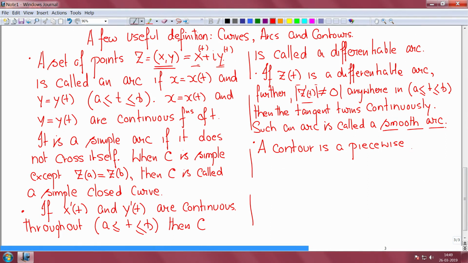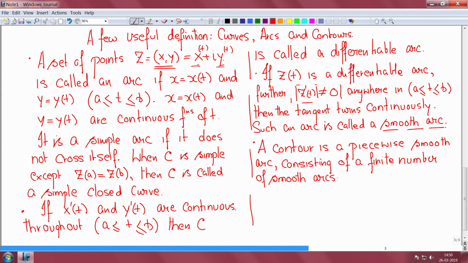A contour is a piecewise smooth arc consisting of a finite number of smooth arcs joined end to end.